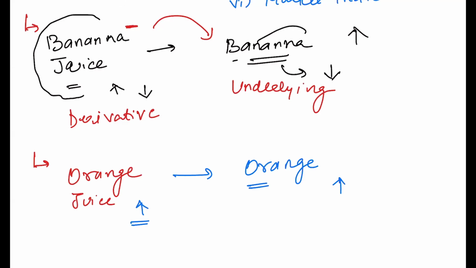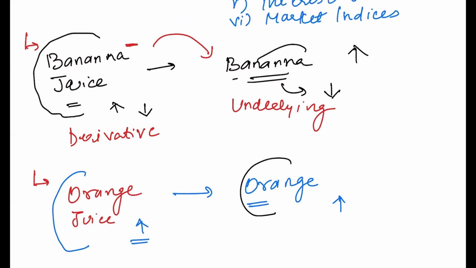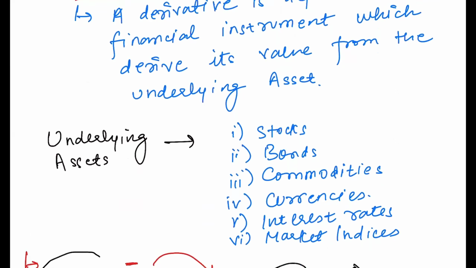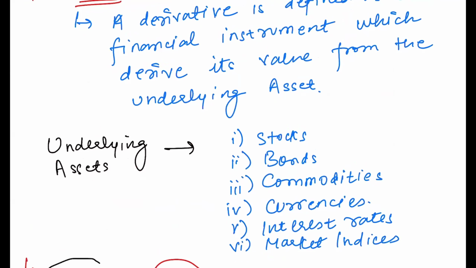So in this case, the derivative is our orange juice, and the underlying is orange. Similarly, in the world of finance, a derivative derives its value from the underlying. The underlying can be stocks, bonds, commodities, currencies, interest rates, and market indices. So this is what a derivative is.